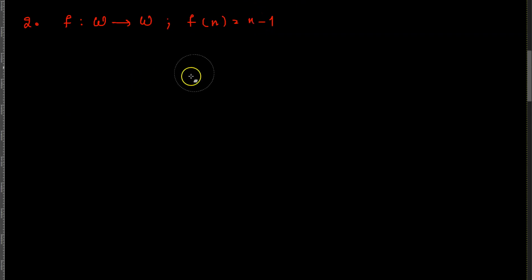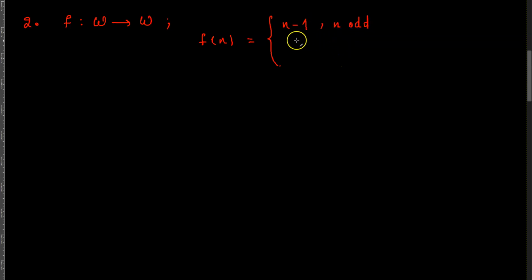So let me write it this way: f of n is equal to n minus 1 if n is odd, and f of n is equal to n plus 1 if n is even.